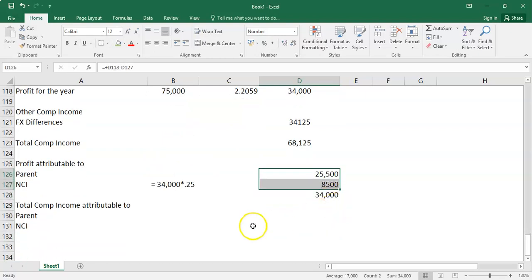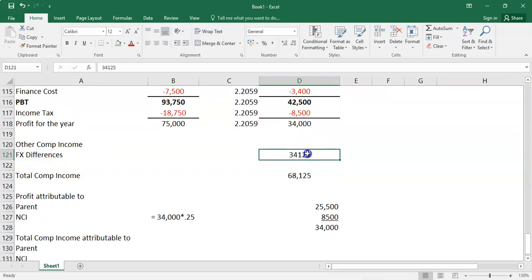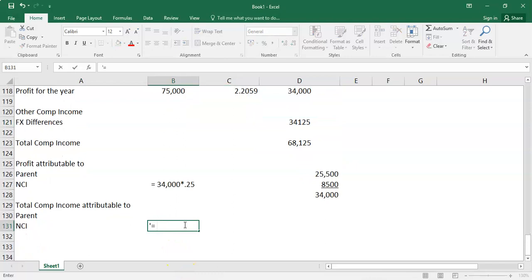Now, here's where you have to be a bit more careful. In allocating the total comprehensive income, we now need to allocate this 34 to the parent and the NCI. So here, the NCI is going to start with the 8.5, which it has up here, and it's going to get 26,000 times 0.25. That is its share of FX difference 1 and 2 only.